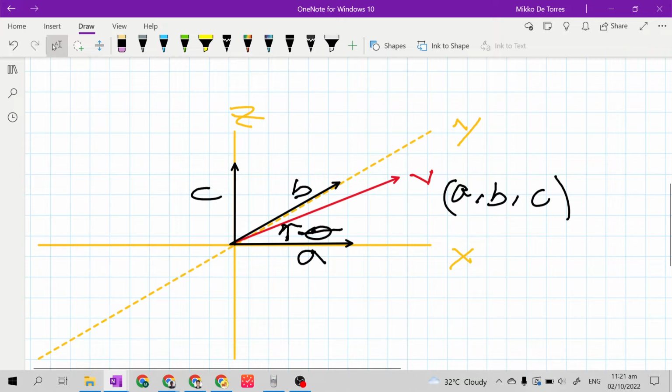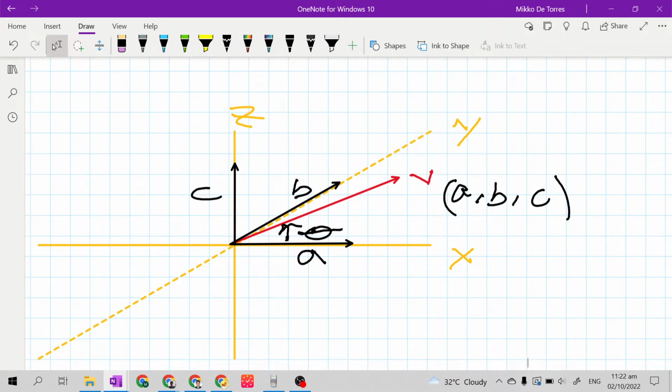Okay, so to describe the direction of V or its rotation or orientation, we will use a different method. We will still use the principles of trigonometric functions, but in a different method.